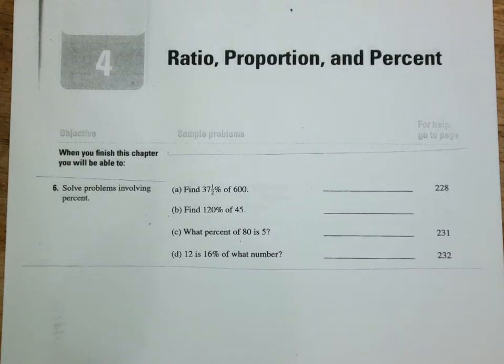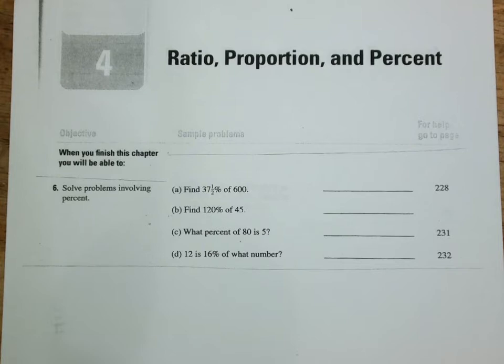Okay, so Objective 6 of Chapter 4 asks that you solve problems involving percent. Your book presents one way of doing this, and it is a good method. It's not the shortest method. However, I do work these problems a little bit differently.